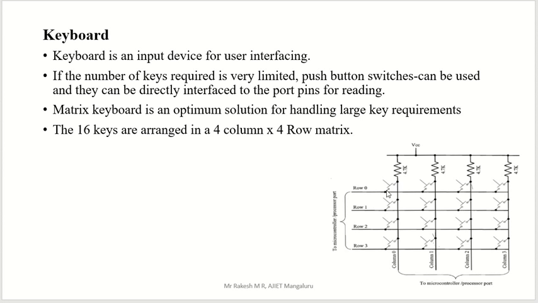This is your push button switch. Here we have push button switches. If you push, then there is a connection, push to make and push to break. If it is open, there is no connection. If you push it, there is a connection. In this manner, we have 4 cross 4, that is 4 switches in the row and 4 switches in the column. That is called a 4 cross 4 matrix.